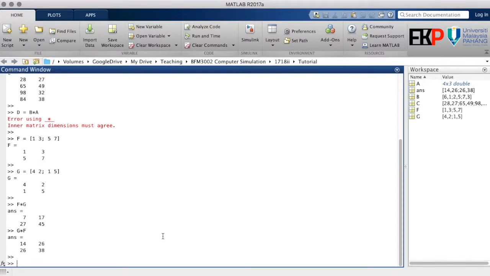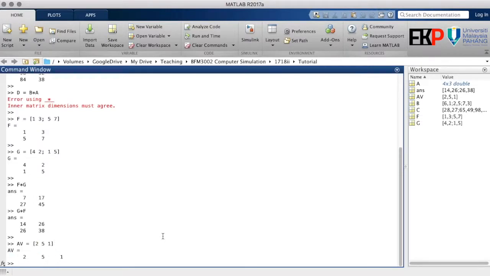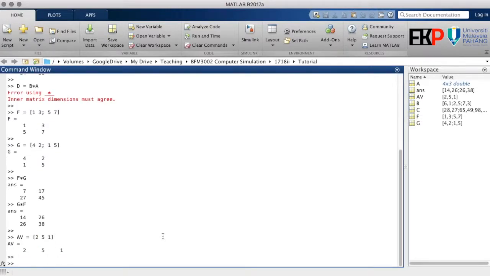Let's say we now have a vector, a row vector of 3 elements. So we have AV equal to 2, 5, 1. So this is our row vector. Now we have a column vector, say BV is equal to 3, 1, and 4.